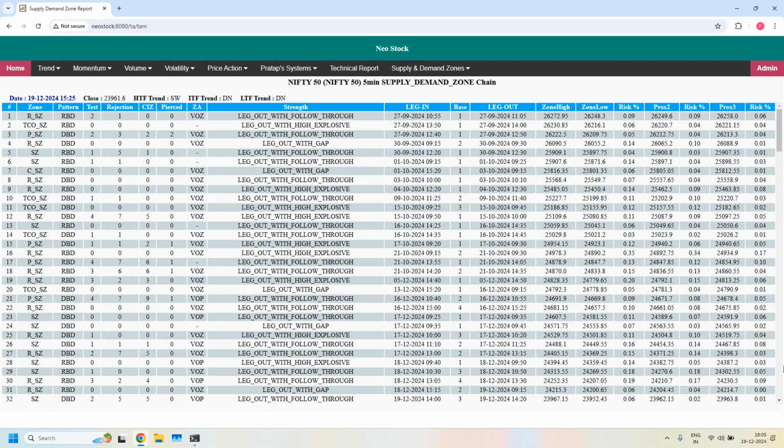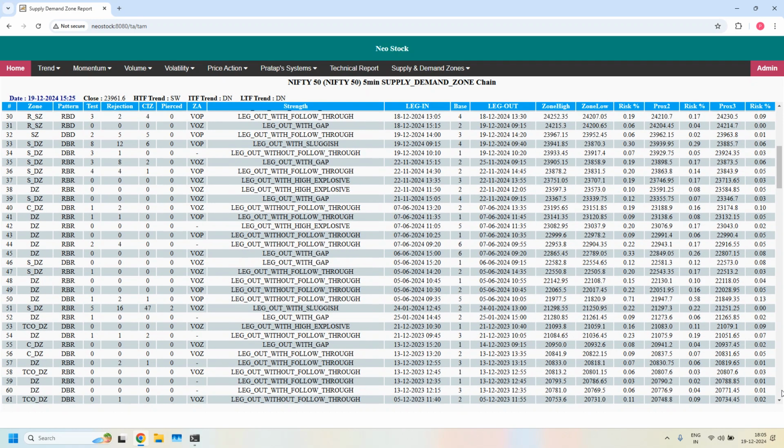All are supply zones. I am scrolling the list down to find the demand zones. Okay, this is about NIFTY supply demand zone chain.